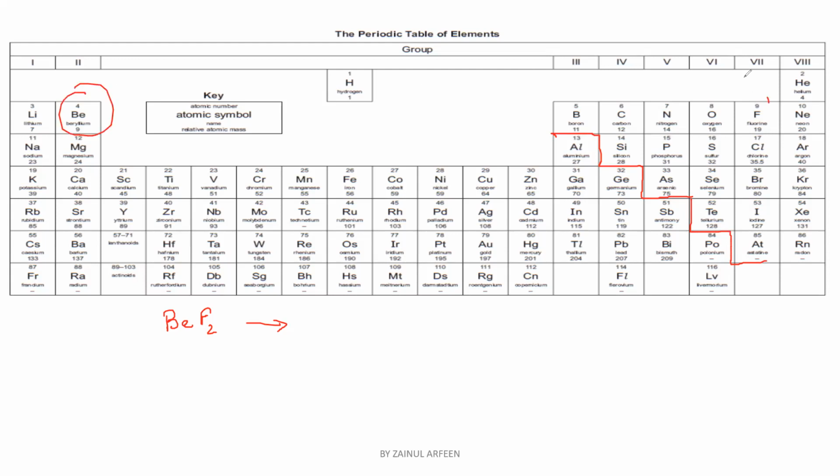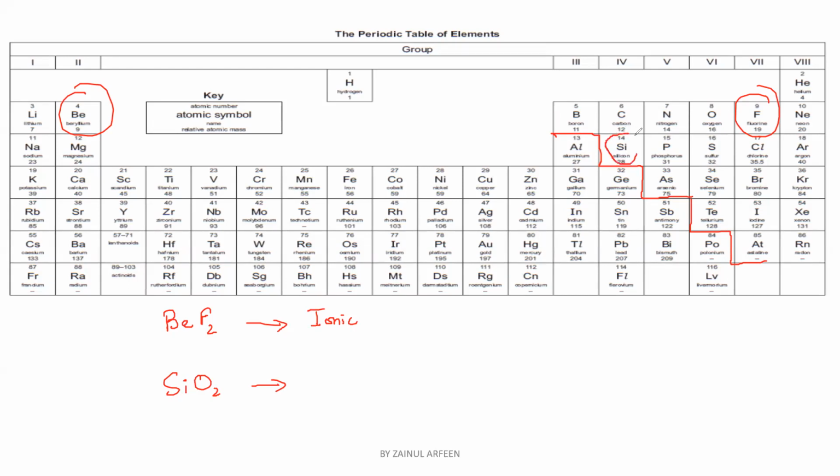What kind of bonding do they have? Because it's a metal and non-metal together, it will be an ionic bond. Same thing, silicon oxide. We have silicon and we have oxygen. What kind of bonding?